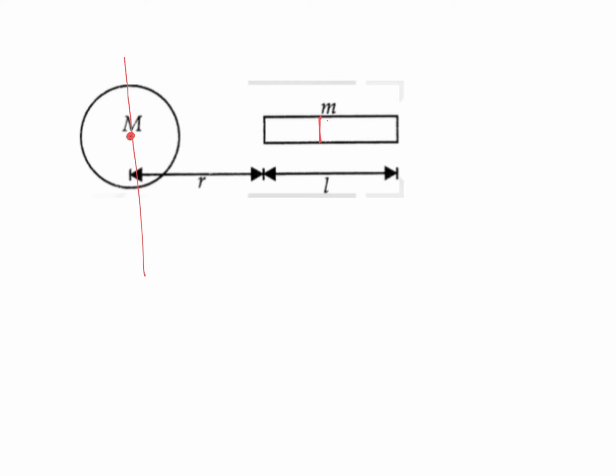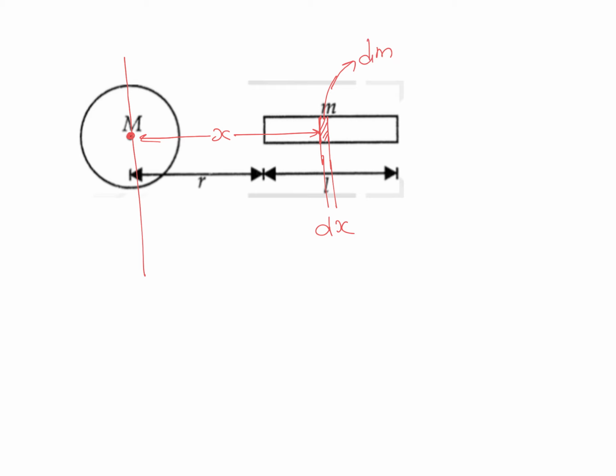So we'll consider a small element over here, at a distance, let's say x, from this capital mass M, or from the center of the sphere. This is a very small part of the distance x, which we can take as dx, and consider that the mass of the small element is dm.